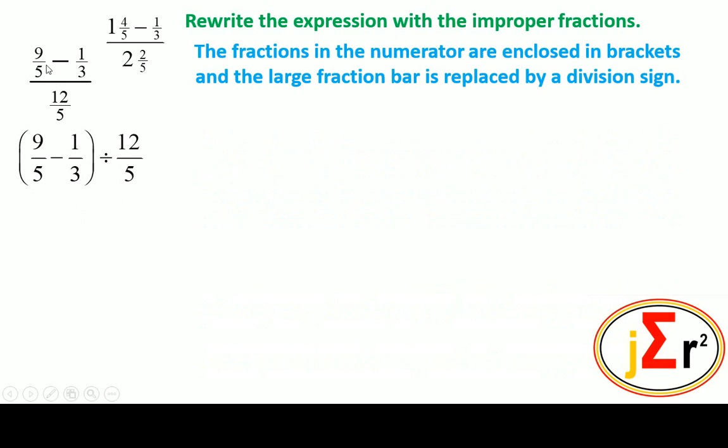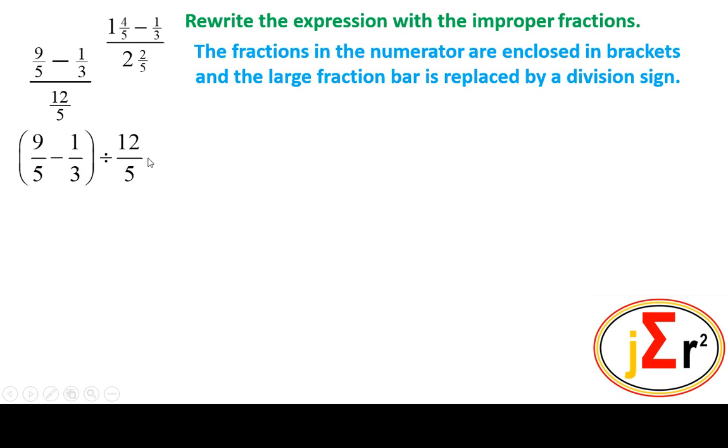will be enclosed in brackets, and the large fraction bar, which is this one, will be replaced by a division sign. Now what this does is that it prevents our work from being too hilly. That means from going in a vertical direction too quickly.